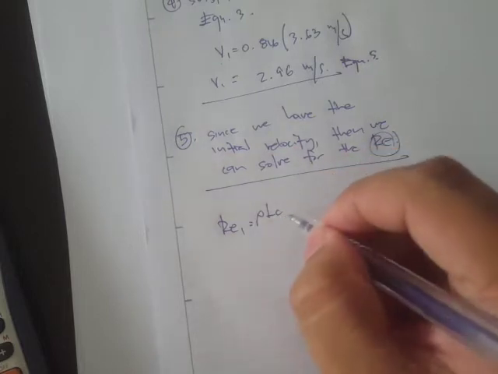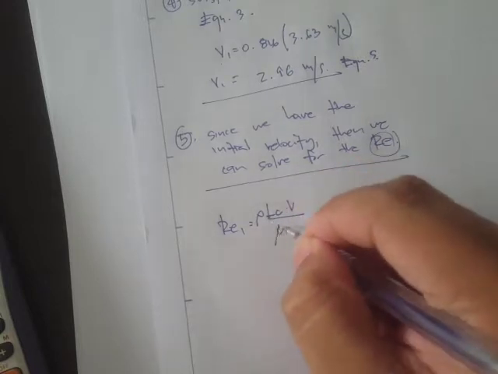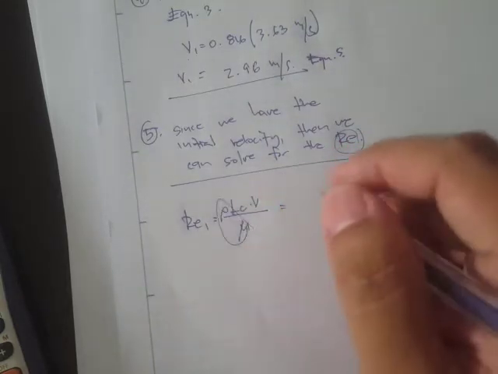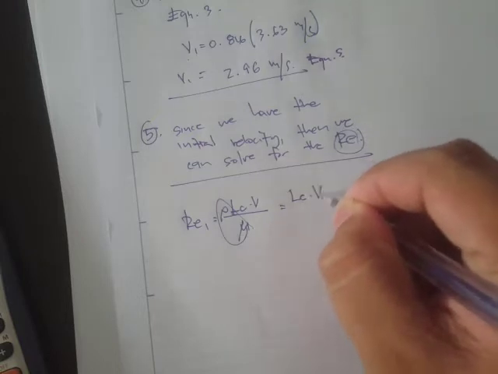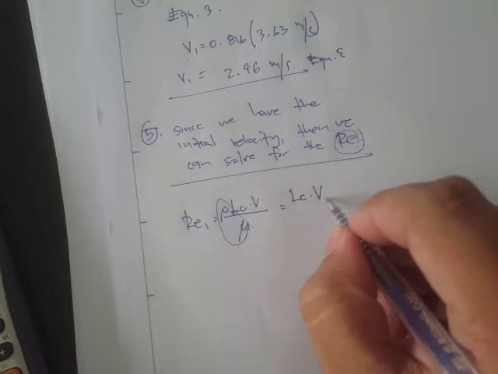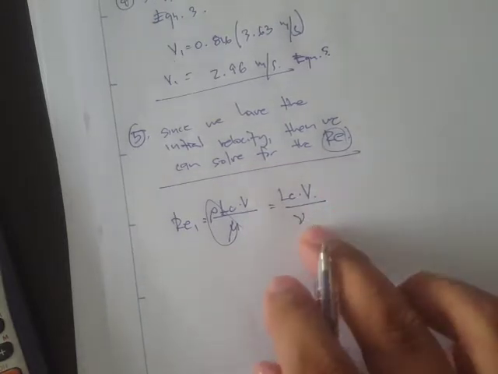Okay, so Re at point 1 is simply equal to rho times the characteristic length times velocity divided by the viscosity, or in terms of the kinematic viscosity, this is simply the characteristic length times the velocity divided by the kinematic viscosity.